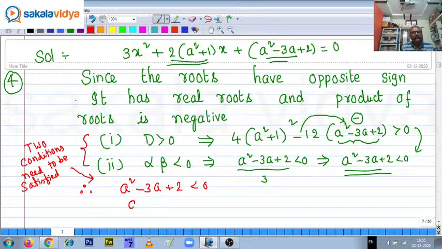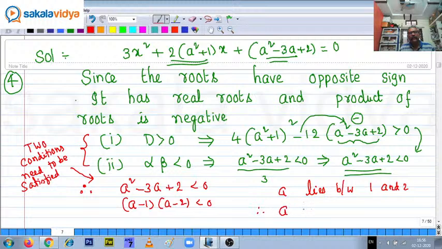This can be written as (a minus 1) into (a minus 2) is less than 0. So that means a lies between 1 and 2. Therefore a belongs to 1 comma 2. So this is the answer. a belongs to 1 comma 2.